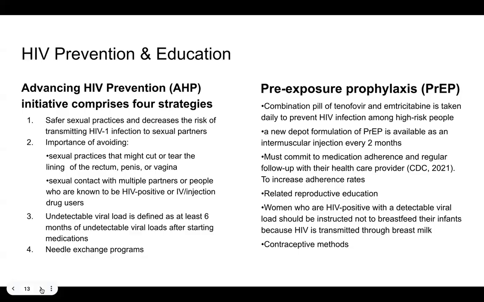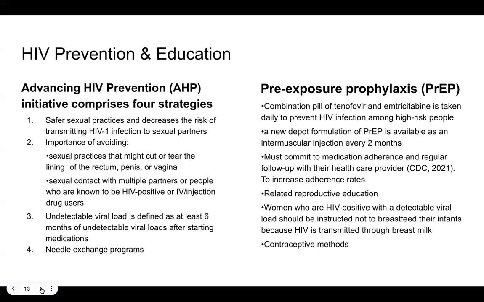We are encouraging the importance of avoiding sexual practices that might cut or tear the lining of the rectum, penis, or vagina, and sexual contact with multiple partners or people who are known to be HIV positive or IV injection drug users.